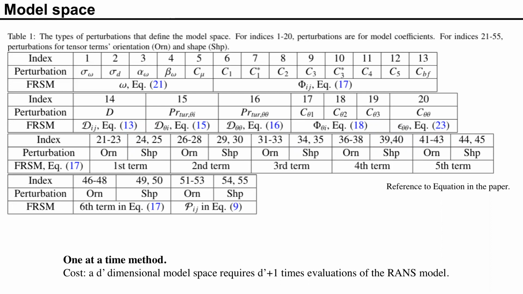So to sample this model space, we will use this so-called one at a time method. Its cost is very low. For a D-dimensional model space, it requires only D plus 1 evaluations of the RANS model. Now, I'm not going to talk too much about the details of this one at a time method.